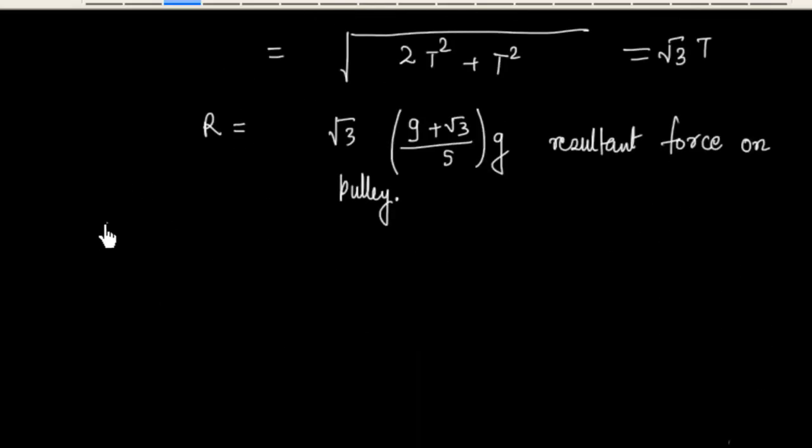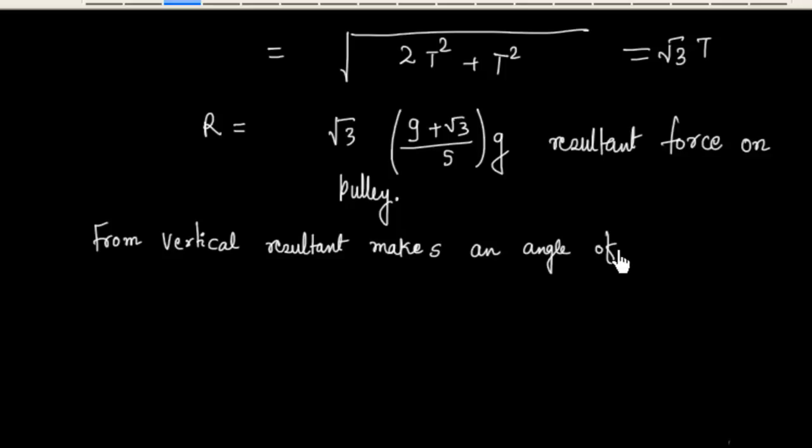So we can say from vertical resultant makes an angle of 30 degree. So this is all about the constrained motion. So motion that is constrained, and we can apply Newton's second law.